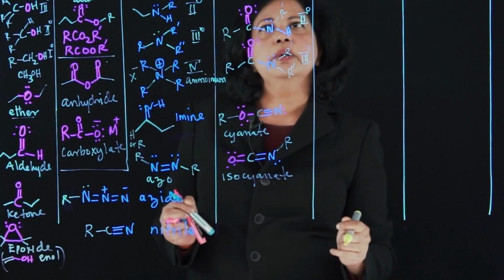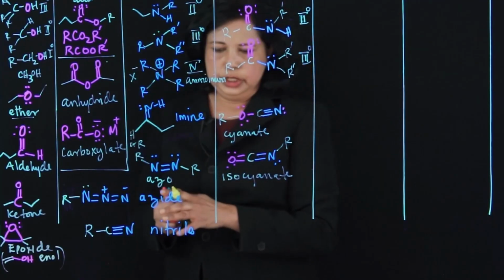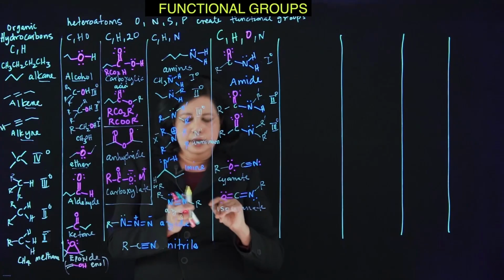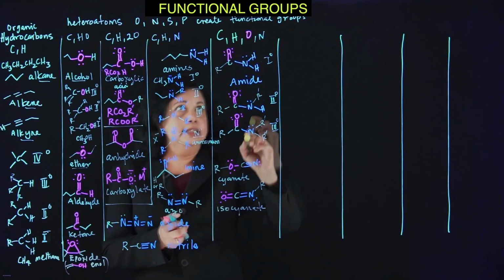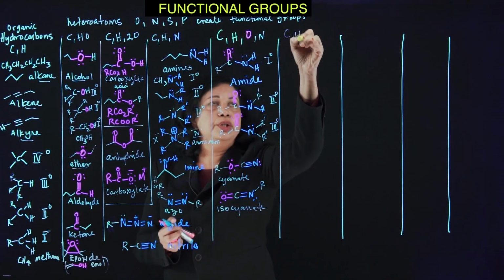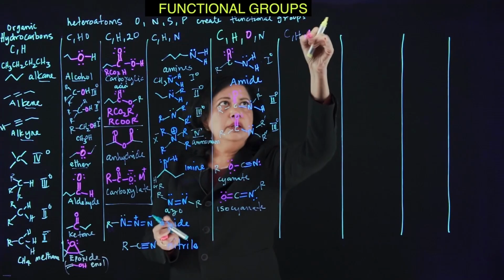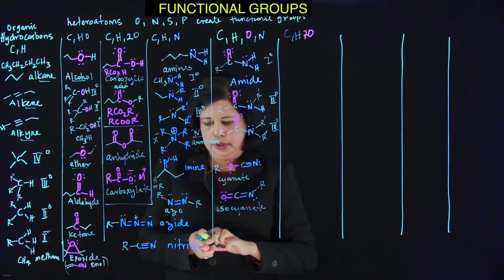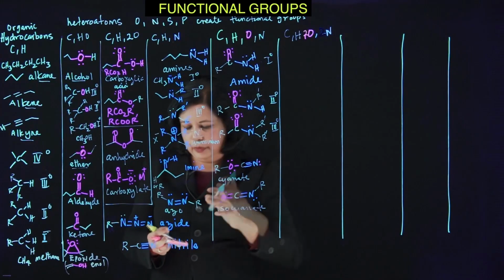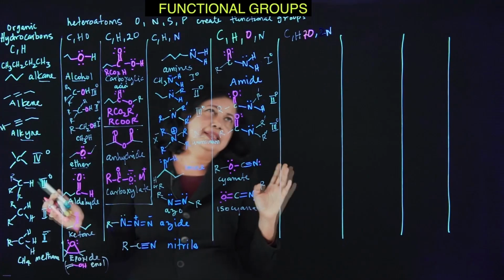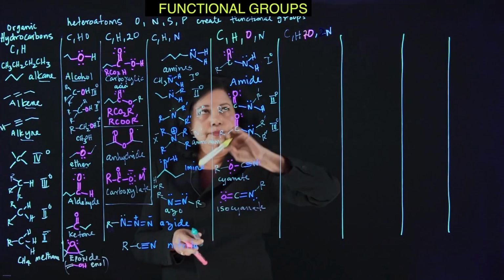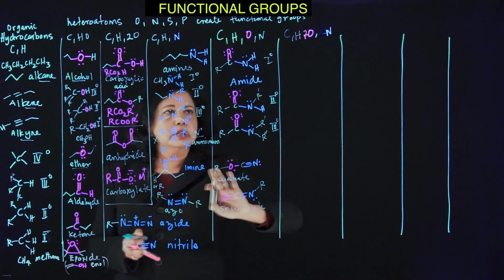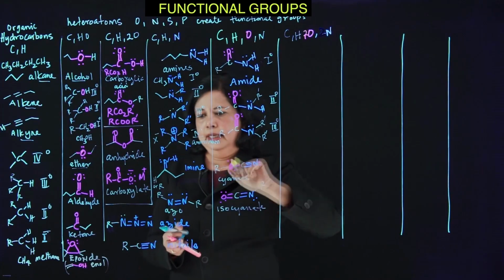Let's look at something where you have more oxygen and nitrogen combined, and we can have two oxygens. So let's say carbon, hydrogen, two oxygens, and then let's say we have nitrogens. What are these going to look like? These are very rare. For example, you can think of nitrogen with an oxygen on it.